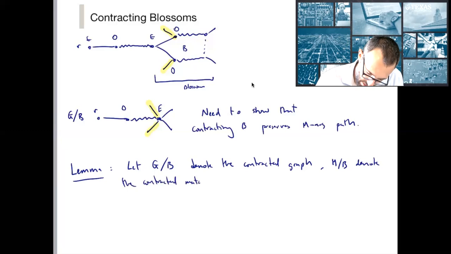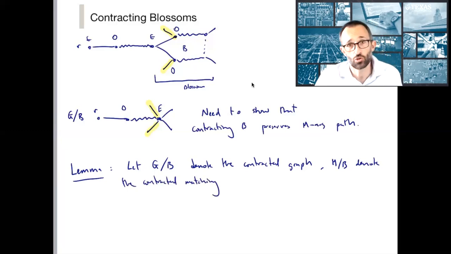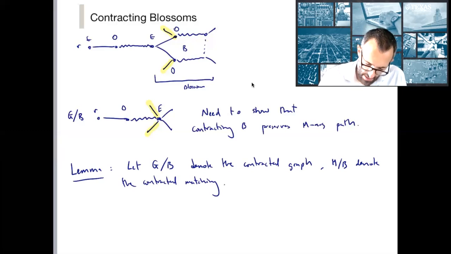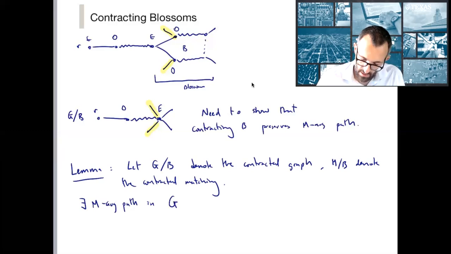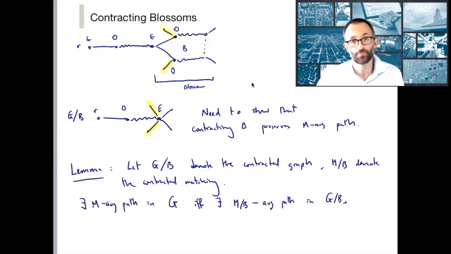You can see just from the illustration that there were two edges in the matching that now got pulled into B. So this lemma says that there exists an M augmenting path in G if and only if there exists an M mod B augmenting path in the contracted graph.